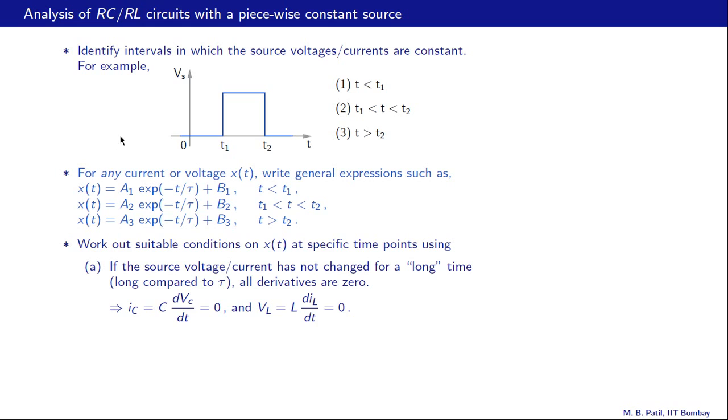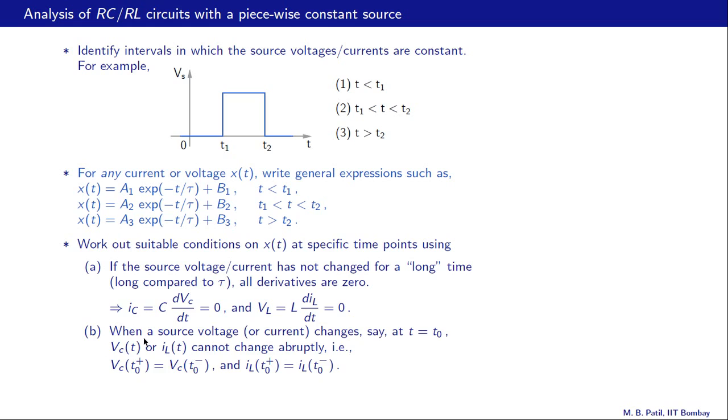If Vs has been 0 for a long time, then when we come to t1 minus, that is just a little bit before t1, the circuit is in steady state and all voltages and currents must be constant. Then the capacitor current, which is given by C dVc/dt, must be equal to 0, so the capacitor can be treated as an open circuit. And the inductor voltage, which is given by L dIL/dt, must also be 0, because IL would have become constant. That means the inductor can be replaced with a short circuit, since the voltage across it is 0.